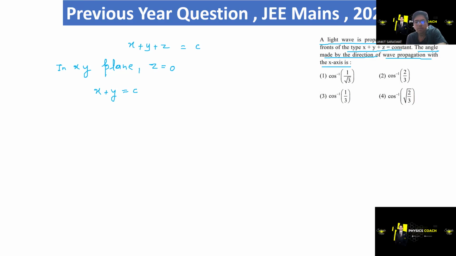Now if I draw x plus y equal to c, it is just like this: x upon c plus y upon c is equal to 1. So if you draw like this, x plus y is equal to c, this is the x-axis, this is the y-axis, and this is the z-axis. Now x plus y is equal to c, it will be like this.